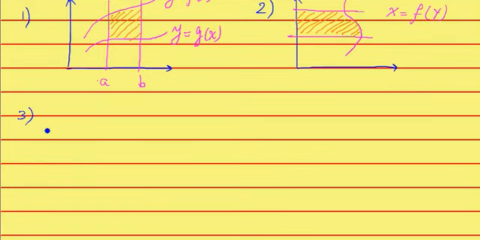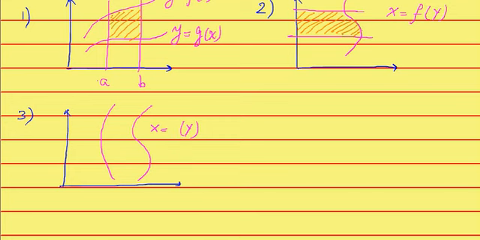Once you get the hang of this, we might as well go ahead and take a look at some cases where the picture looks like this. You might have x as a function of y, and another one here. Let me just keep my terminology similar in all these cases.